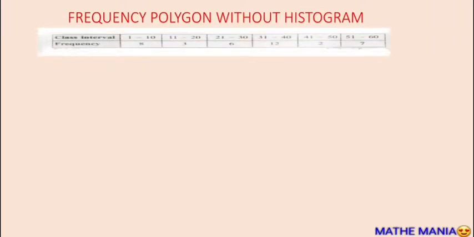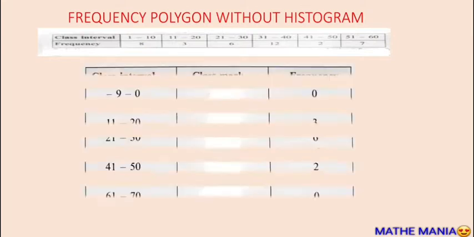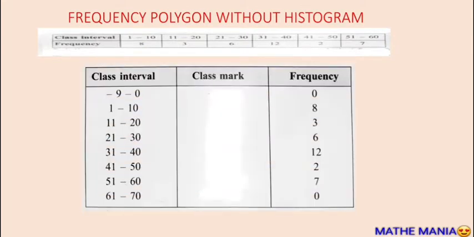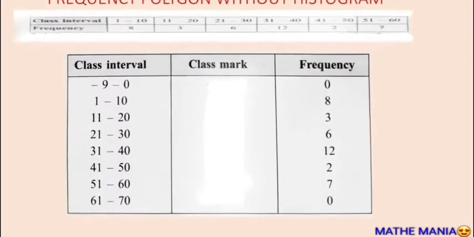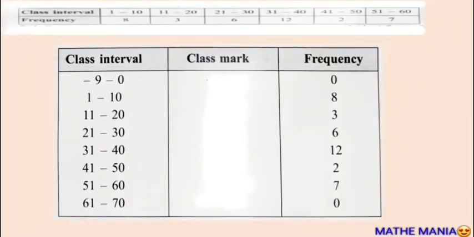Now, if you are asked to make a frequency polygon without histogram, in this case, we have to first do some calculations. Let us consider this example. We are going to make three columns in this table. First is class interval, second is class marks, and third is frequency. You all know how to find out the class marks.